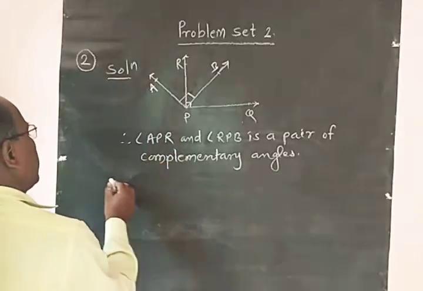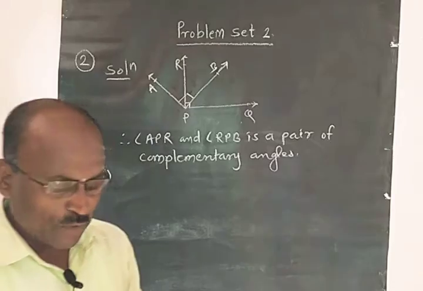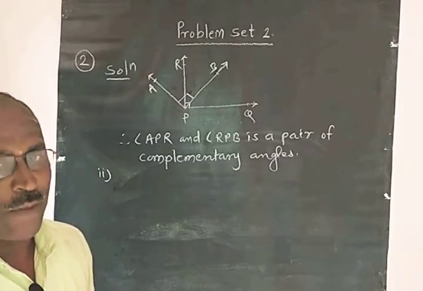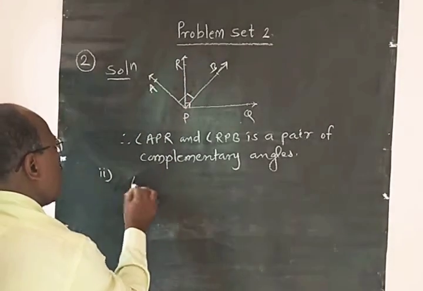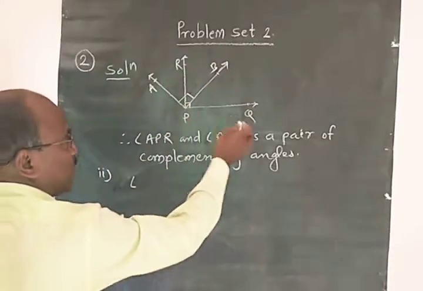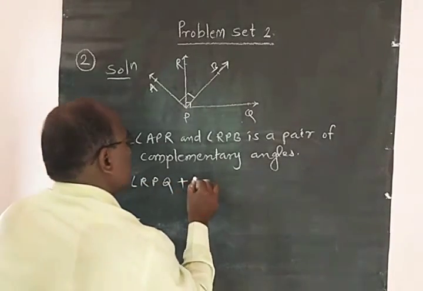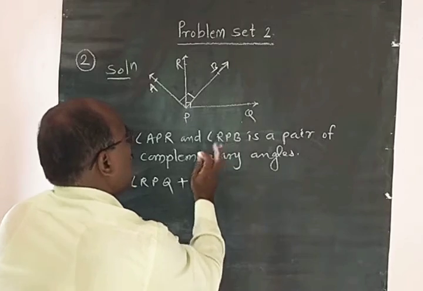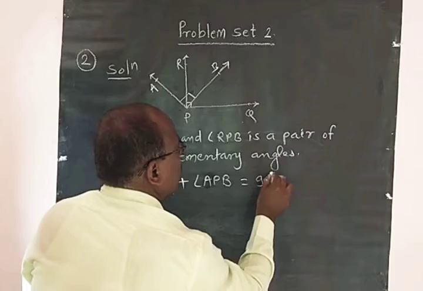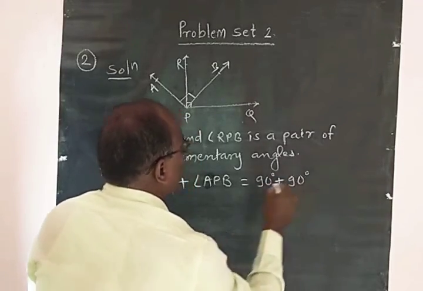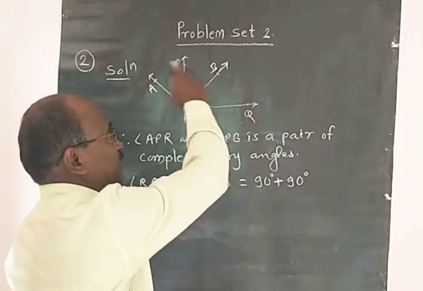Okay, now look at the second statement here. What is the second one? A pair of supplementary angles. So here angle RPQ plus angle APB is equal to 90 plus 90, because angle RPQ is 90 degrees and angle APB is also 90 degrees.